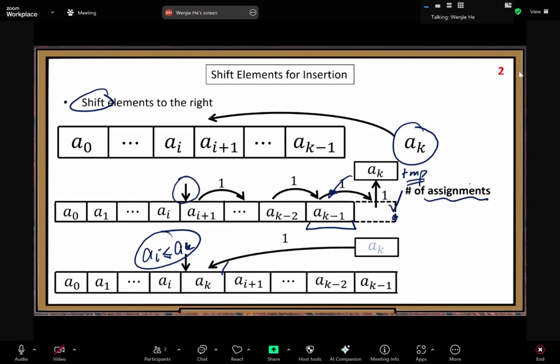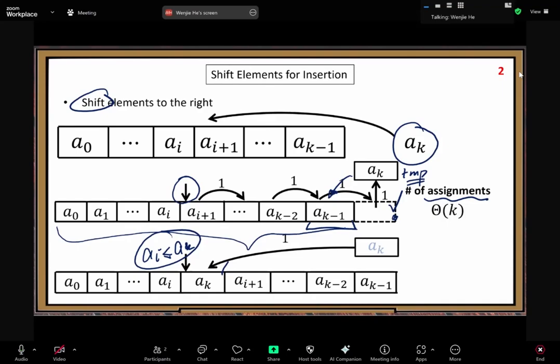Here, we can count the number of assignment operations in this step. If we use asymptotic notation, that is big theta of k, where k is the number of elements. For the big theta of k, you have a best case and a worst case.